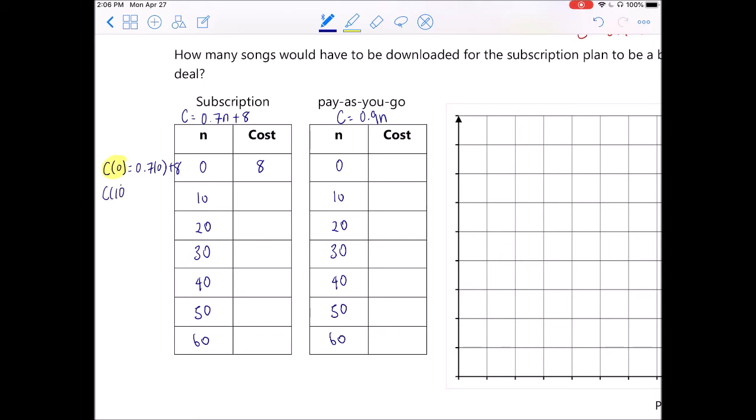And n equals 10: 0.7 times 10 plus 8 is 15, and so on. I'll fill these in so you can do your calculations separately. For pay-as-you-go, when n is 0, our cost is also $0. When you plug in n equal to 10, you get $9, and then it goes up by 9 every time.